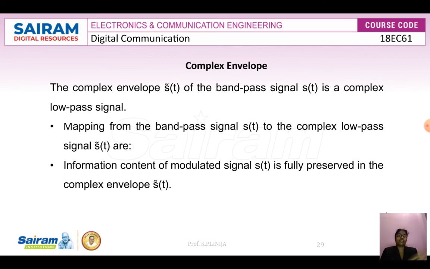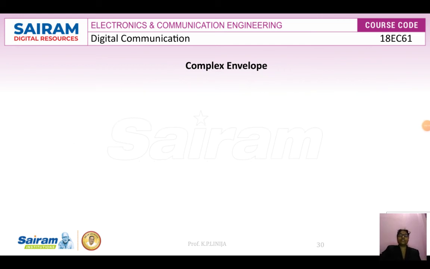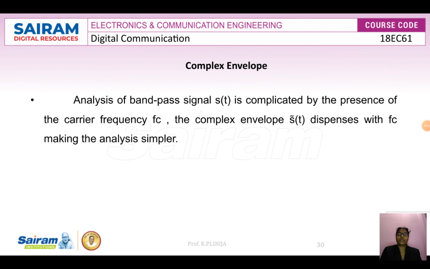Then, analysis of the bandpass signal S of t is complicated by the presence of the carrier frequency Fc. Therefore, the complex envelope S bar of t dispenses with the carrier frequency Fc, making the analysis much simpler.